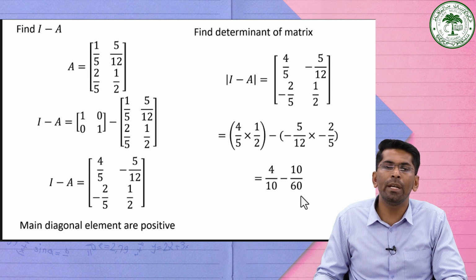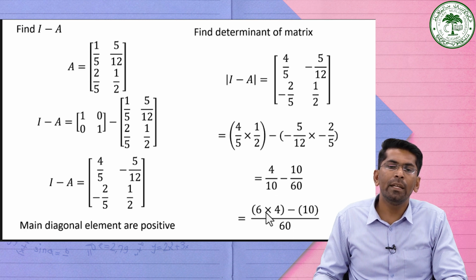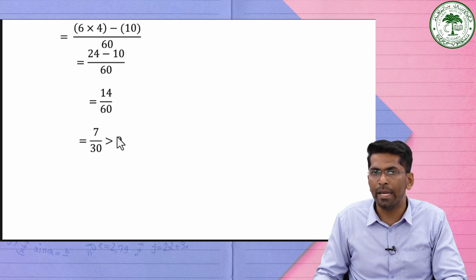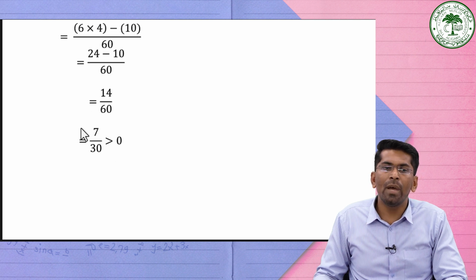Taking the common denominator 60, by multiplying the first element by 6, it is 6 into 4, which is 24, minus 10, divided by 60. Simplifying, it is 14 divided by 60, which we can simplify as 7 divided by 30, which is greater than 0. So the determinant value is 7 divided by 30.